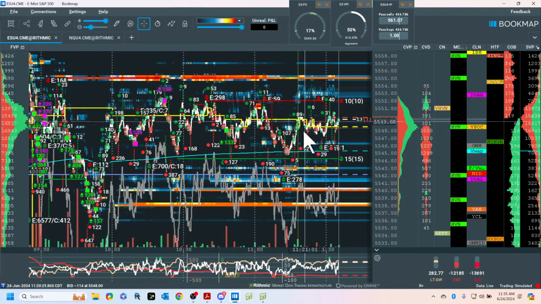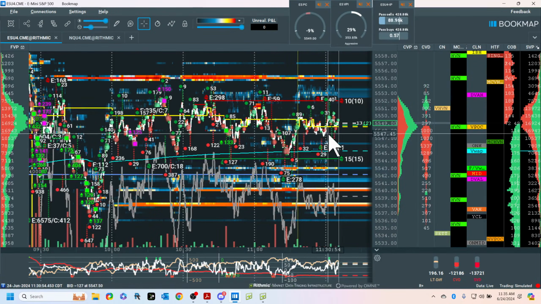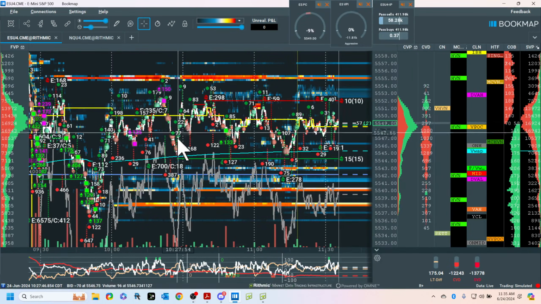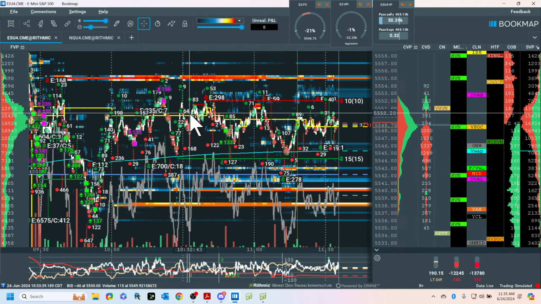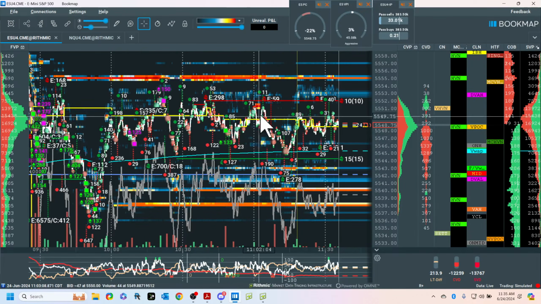The other part of it is, if this gets taken out, you're going to see stops. I want to see the stops if it comes under here, because my trade plan is looking for the same thing. Outside, in, back to here. Didn't get taken out there. Nothing here.